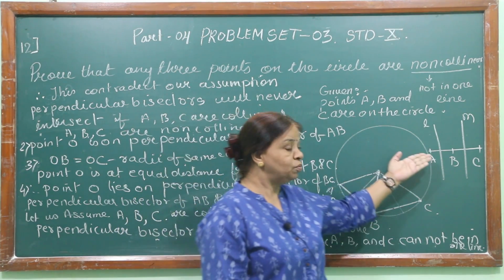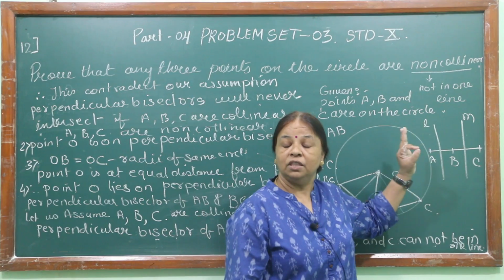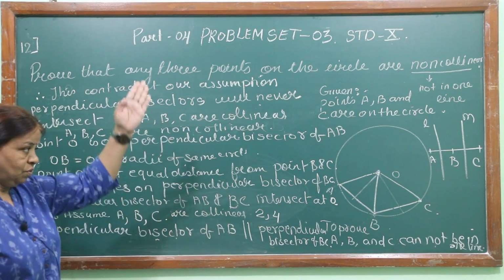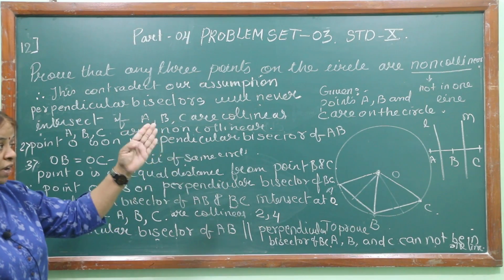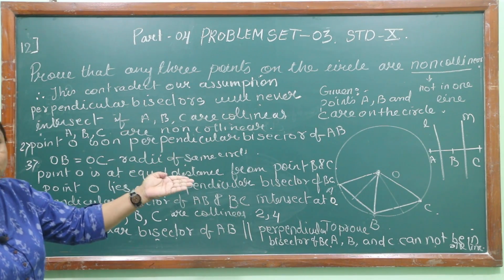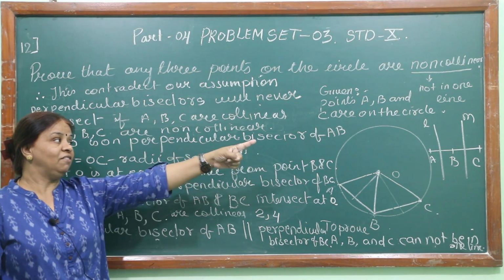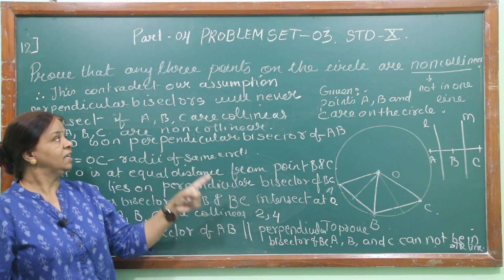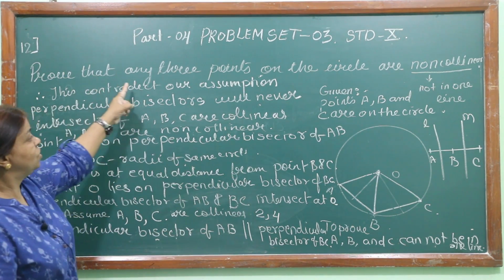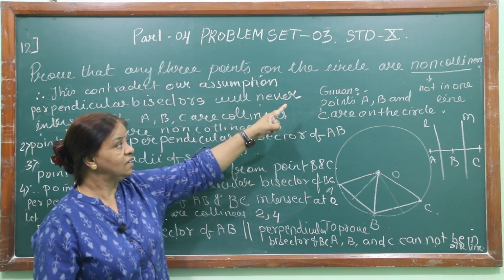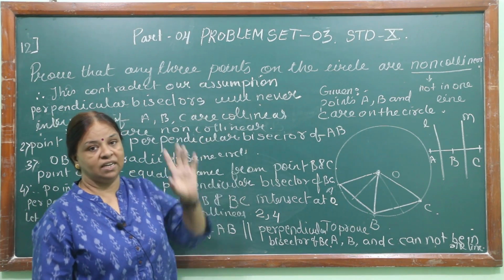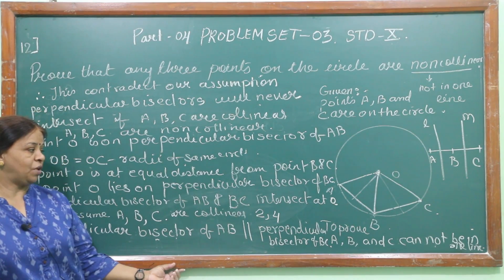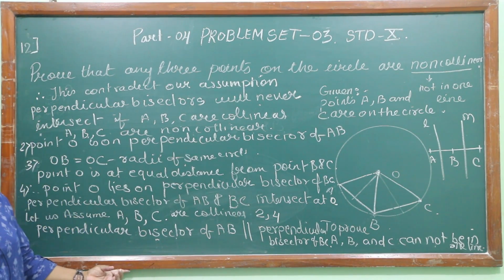But when we assumed that points A, B, C are collinear and found the perpendicular bisectors, we found that they will be parallel, they will never intersect. So that shows that points which are on the circle are non-collinear. They can never be in one line. Children, you can pause and write down the sum.